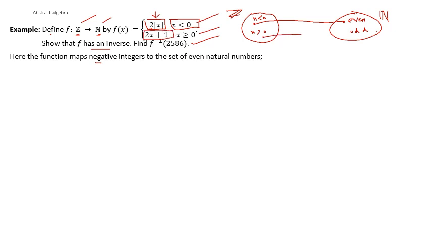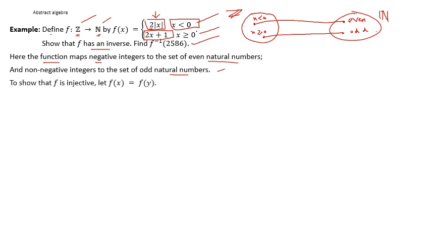So the function maps negative integers to the set of even natural numbers, and non-negative integers, including 0, to odd natural numbers. This is the nature of the mapping f.